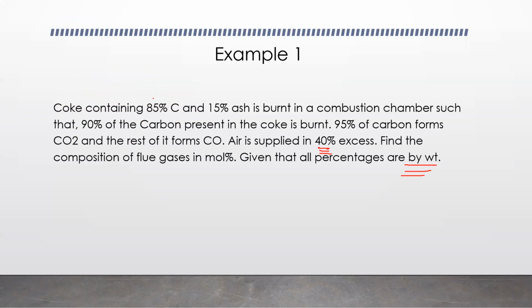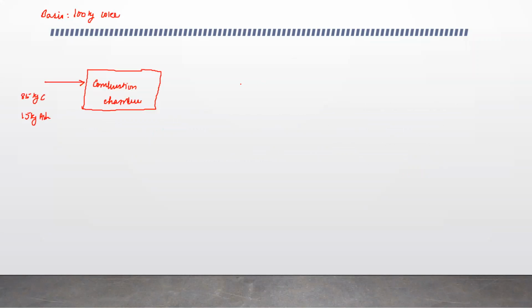And then you have the products of combustion. Water is not included in the products because there is no hydrogen over here. And then of course you'll supply air. So I'll just put air over here. So air is supplied as well, and air is 40% excess. All right. So everything is again by weight, so I'm going to say that we have 23% oxygen and 77% nitrogen in air, right?